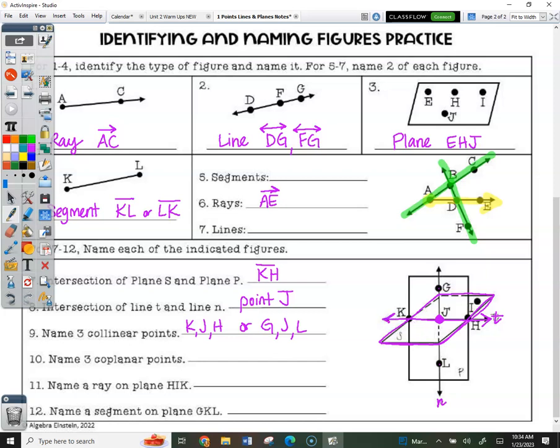Or you could say KH or HK. Name a segment on plane GKL. Okay, so that means now we're over here. This one. What segment's on there? GL's a segment. GJ, JL.